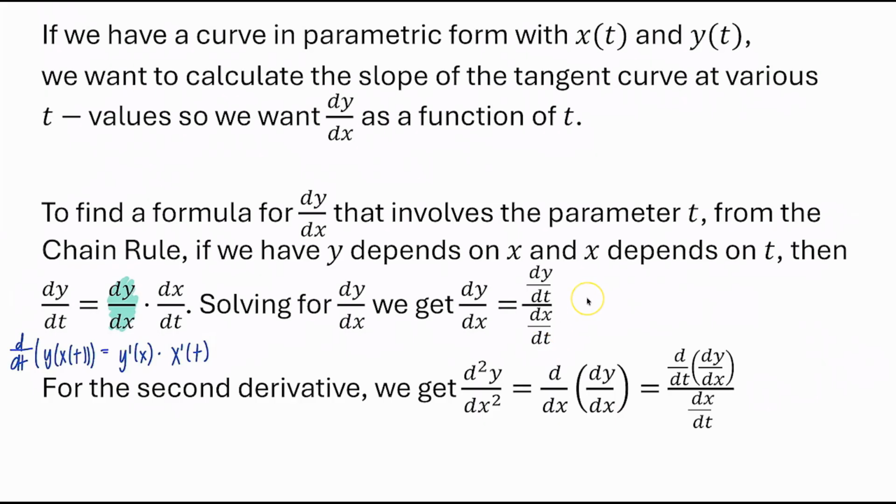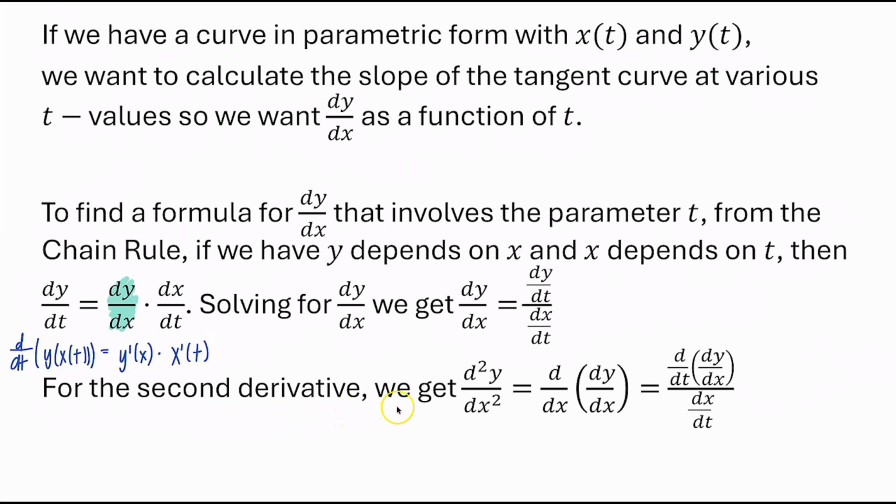So this is a formula for calculating the slope of the tangent curve if we're given a set of parametric equations. To find dy/dx, we find dy/dt over dx/dt. Now we can also find the second derivative.